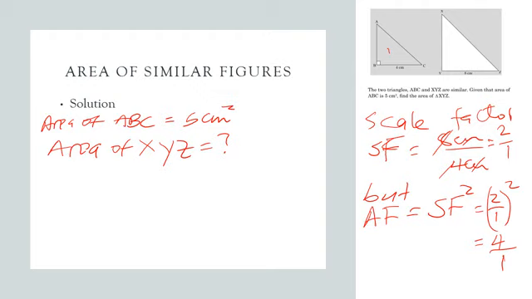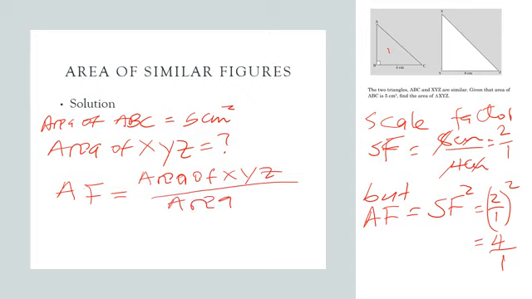Now for us to find the area of this one, we know that area factor is equal to the area of the image divided by the area of the object. In this case, area factor will be the area of XYZ divided by the area of ABC.